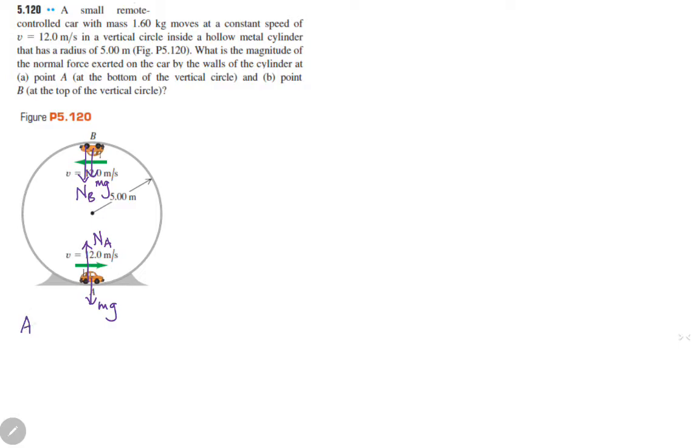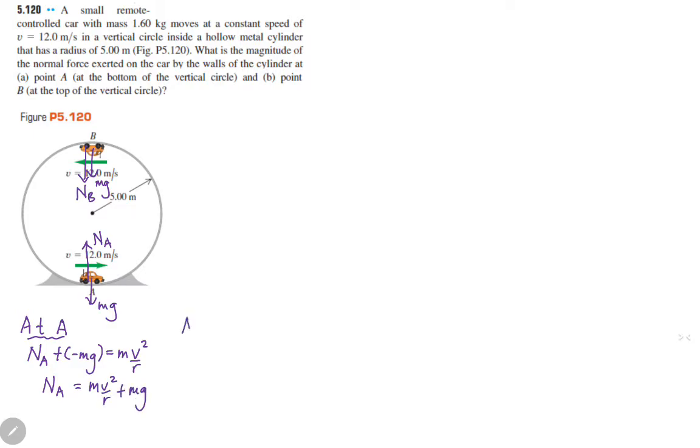So at A, I would have NA, the normal force, plus negative mg, and that would equal the centripetal acceleration times the mass of the car. So NA would then equal mv squared over r plus mg.